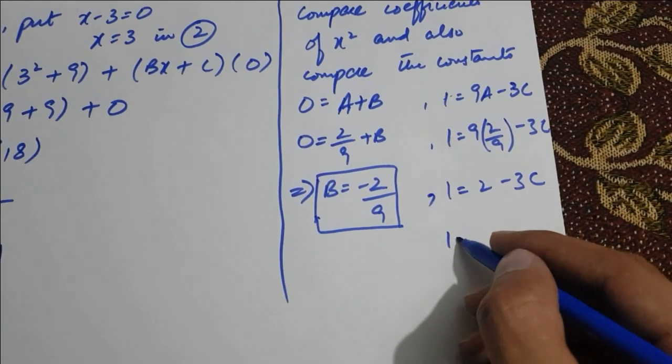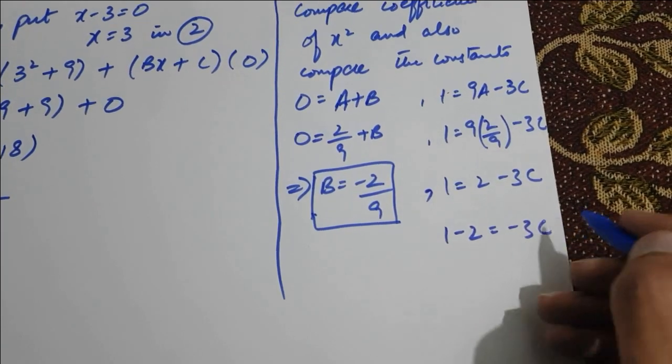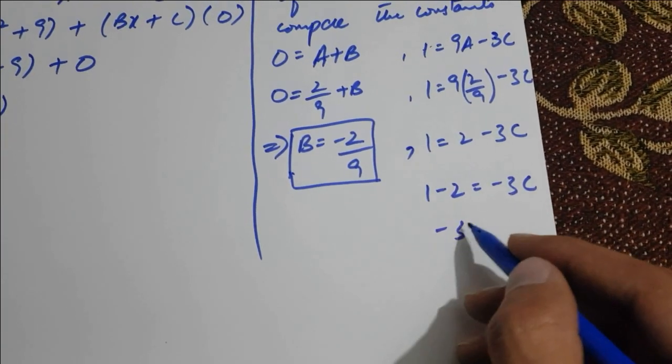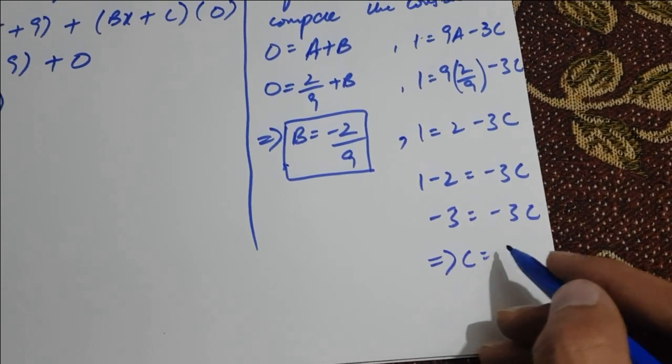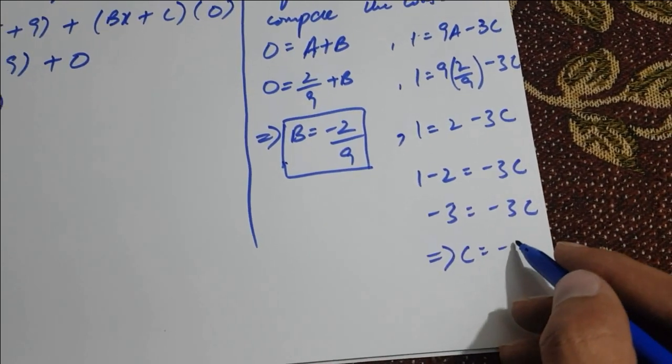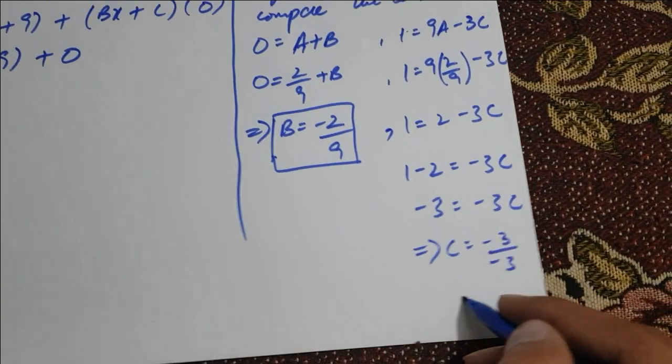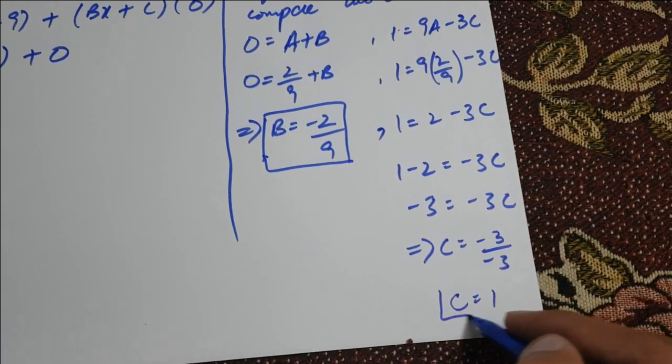So now we get 1 minus 2 equals minus 3C, minus 1 equals minus 3C, and we get the value of C equals 1.